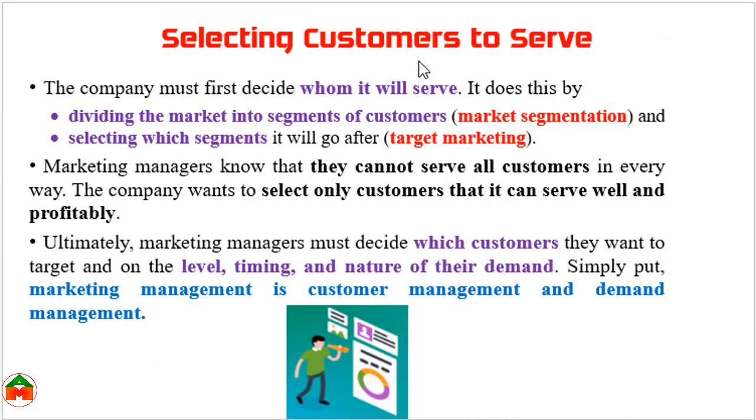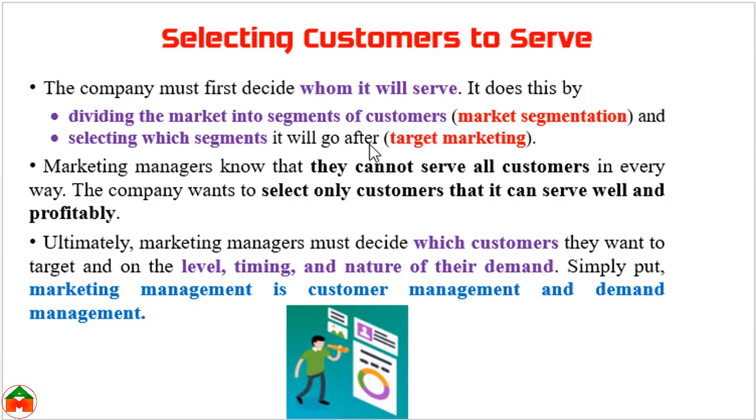Selecting customers to serve. The company must first decide whom it will serve. To do that selection, the marketing manager should divide the market into segments of customers. That is called market segmentation. Then the manager should select which segments it will go after.